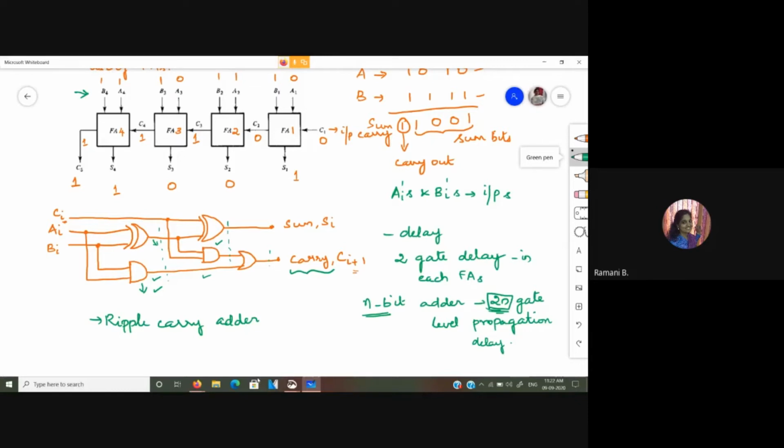So we also call this the ripple carry adder. The main disadvantage of this ripple carry adder is the propagation delay. So to overcome this, we go for the carry look ahead adder.